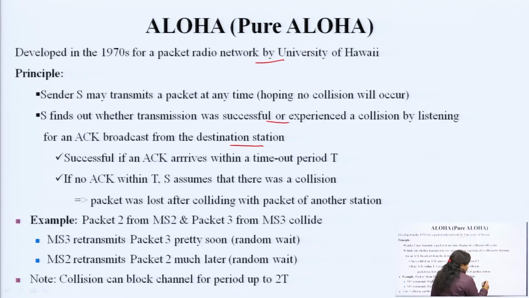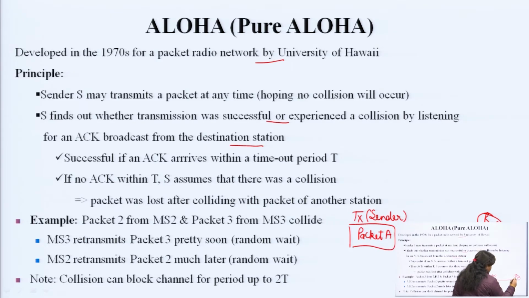So, what happens? This is the transmitter, this is the receiver. This is the sender and this is the receiver. A packet, let us say packet A, will be transmitted without checking whether the channel is free or not.